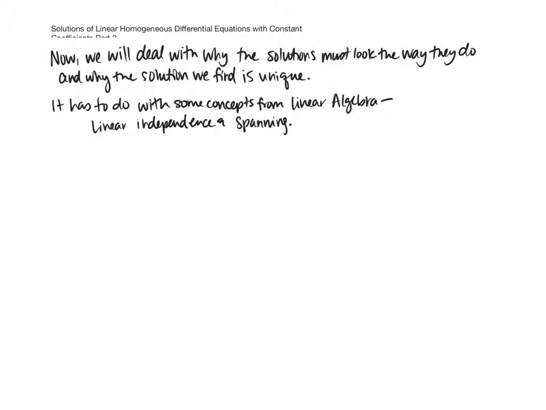Or in other words, I can get anywhere in that vector space by traveling along some linear combination of those basis vectors. And so we're going to use a similar idea here. So we can know why the solutions are unique if we can find a linearly independent set that has the same dimension as the solution space.